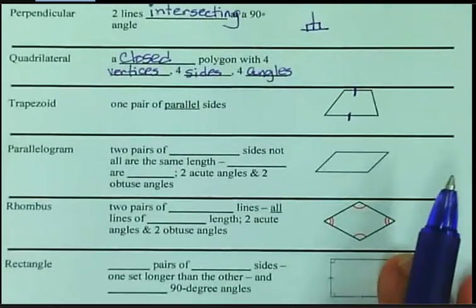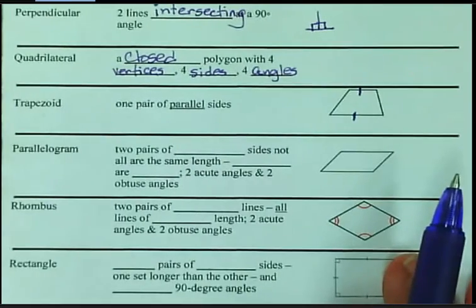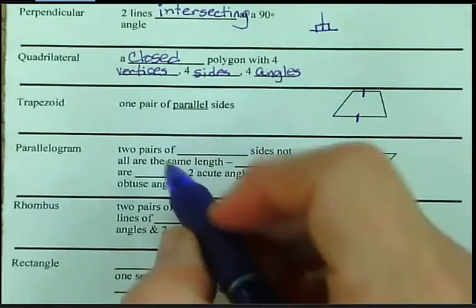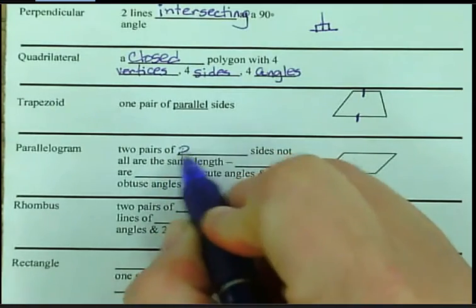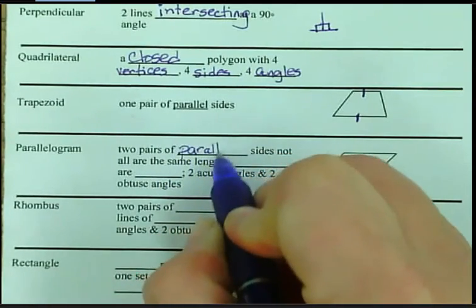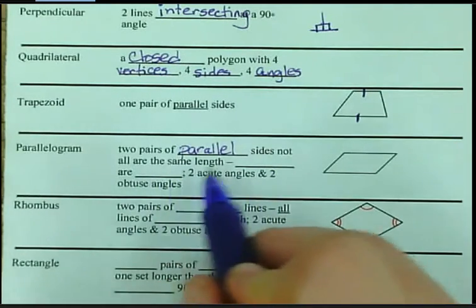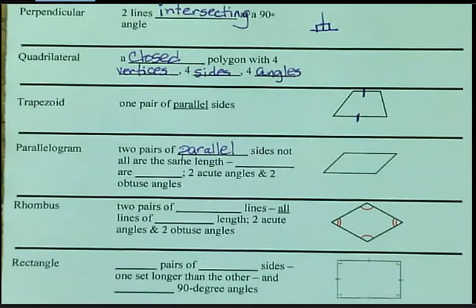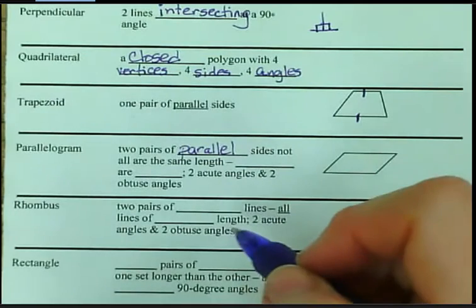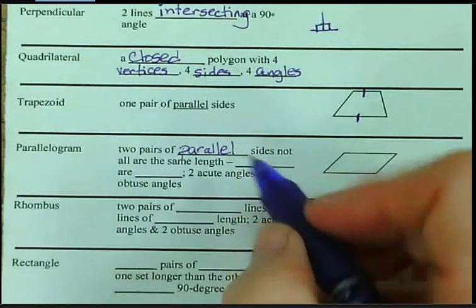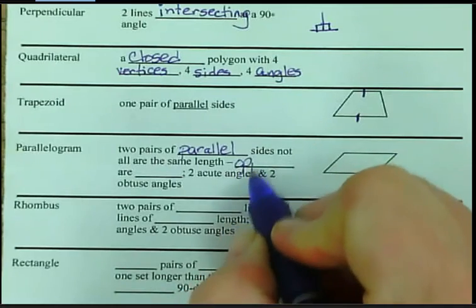A parallelogram, woohoo, parallelogram. That's another tongue twister fun one. This has two pairs of parallel sides, but not all the sides are the same length. Okay? So opposites are the same.